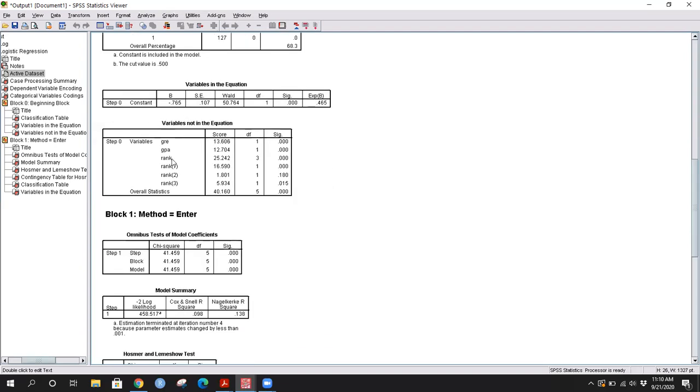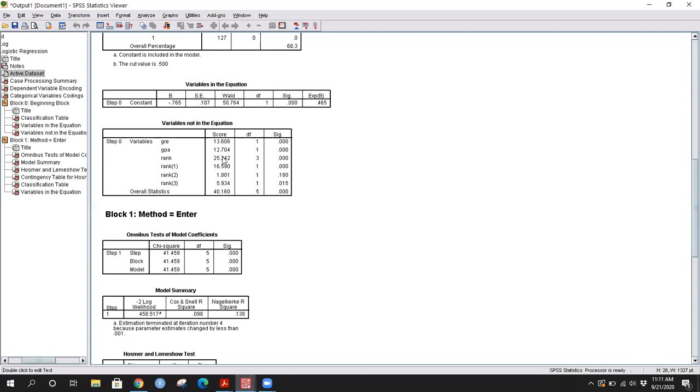Now, looking at the variables not in the equation, that means all the variables which are right now absent from the model. Currently, because this is an empty model, all the independent variables are absent. So what is this score actually? Score refers to results from a score test. There is a test called the Lagrange multiplier test, also called the LM test, which gives you scores.